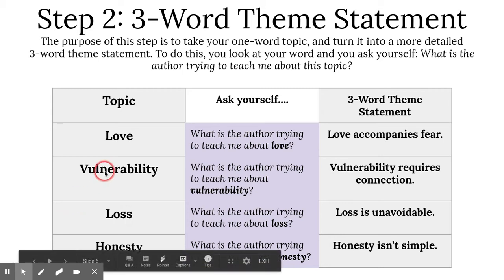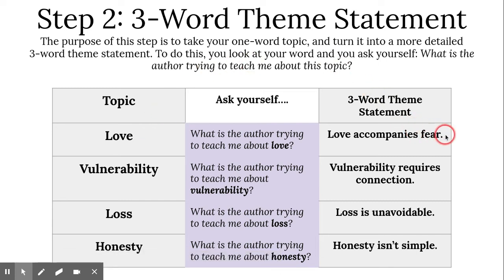So, in step 1, I said love. And in step 2, it's now grown into a 3-word statement. Love accompanies fear. Same thing with vulnerability. In step 1, it was vulnerability, and I've now changed it to a 3-word statement. Vulnerability requires connection.